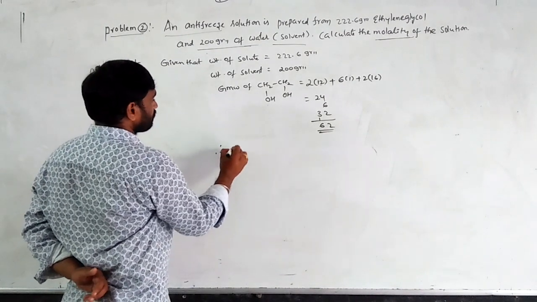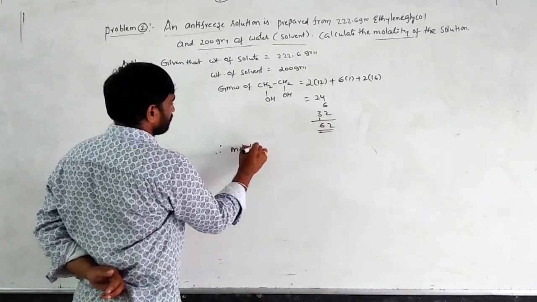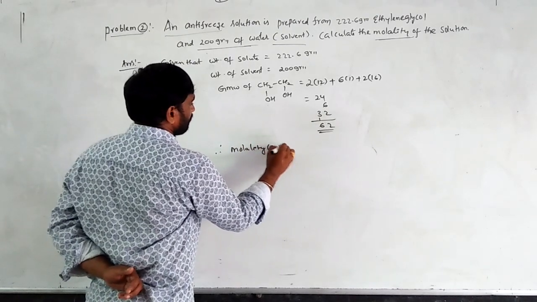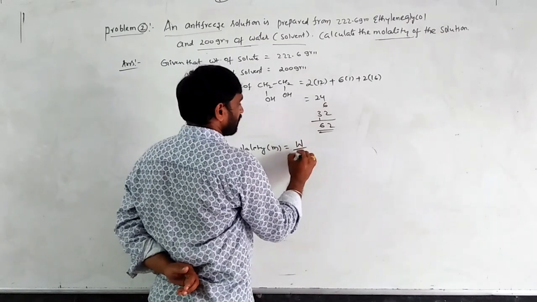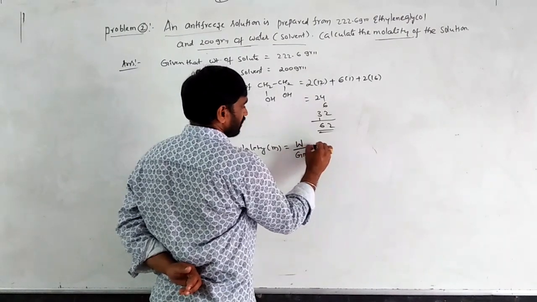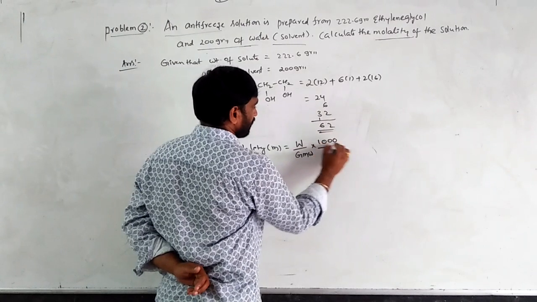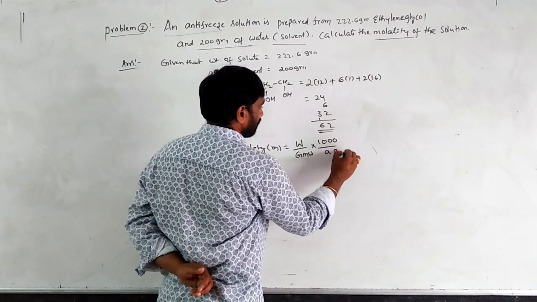Therefore molality, small m, equals, what is the formula for molality? Weight by gram molecular weight into 1000 by A grams.